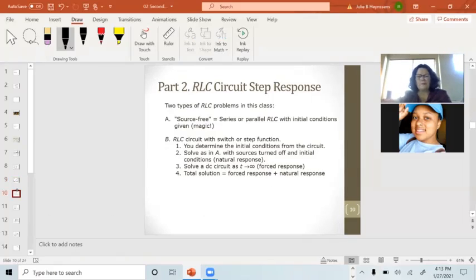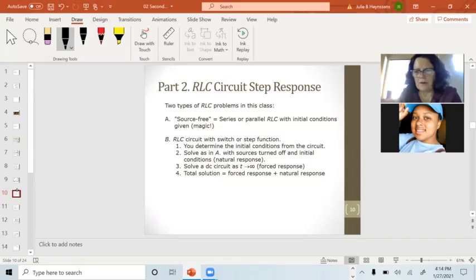Okay, so we're going to do about 3 example problems today. That's enough, don't complain. And that's the plan. These are going to be circuits where we're not given the initial condition on the voltage. So we have to go back to that 0 minus circuit and figure out what they are.